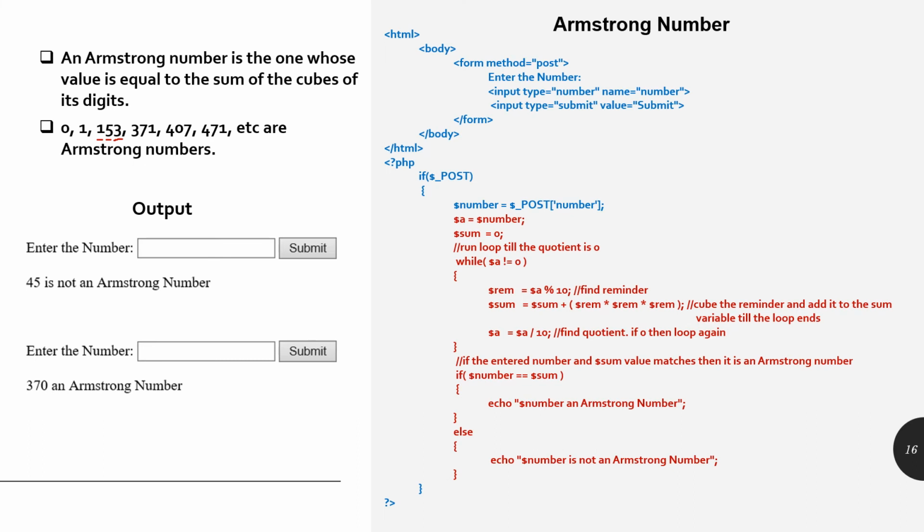This is the given number, and for processing we use this variable. Store it there. And to keep on adding the sum, initially it should be 0, then only addition can be done. These preliminary things you have to set.